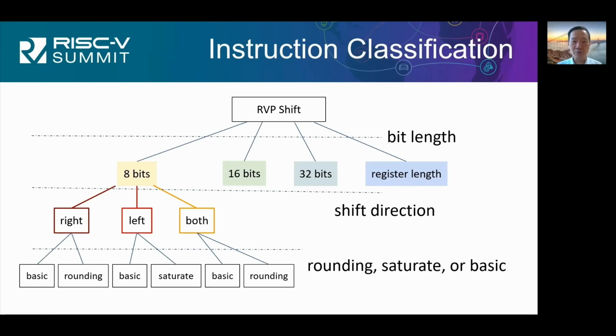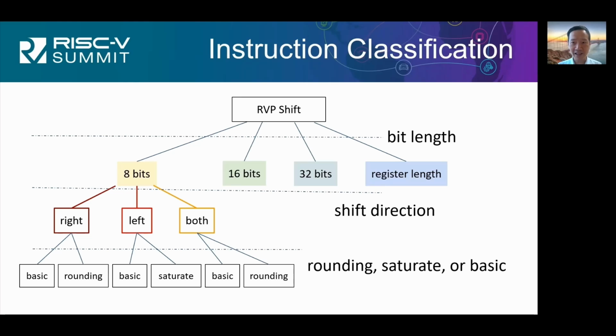So what we do is we try to classify all these instructions and try to identify the basic operations among these shift instructions. So what we can see is the shift instructions are divided by bit length or shift direction, and also whether it's basic shifting or rounding saturated shifting instructions.